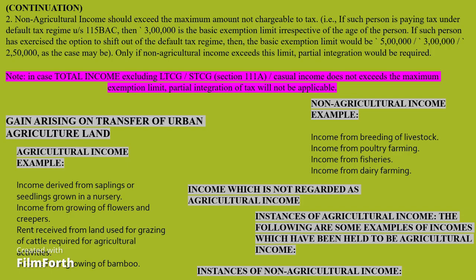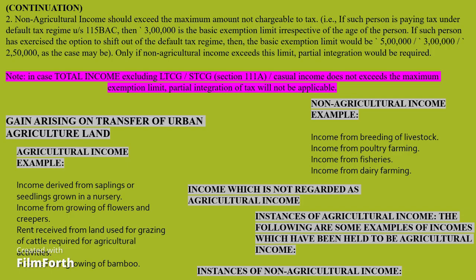2. Commission as a percentage of agriculture income. 3. Dividend from a company engaged in agriculture activity. 4. Income from sale of forest trees of spontaneous growth. 5. Royalties income of mines. 6.